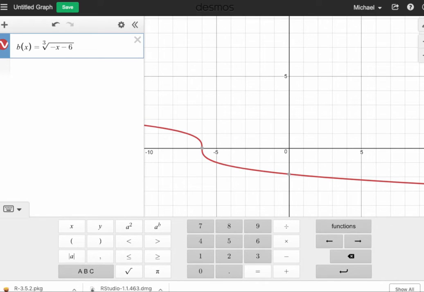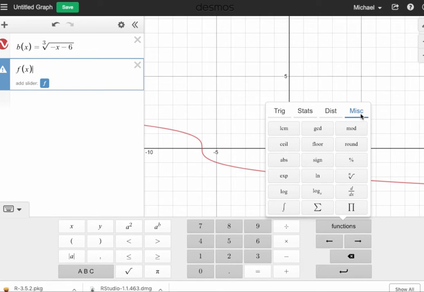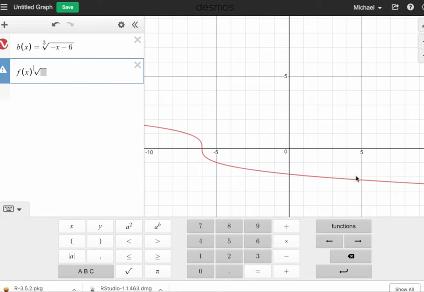Okay, so let's see. So it got reflected across the axes and then shifted. Let's put the other one in. You guys may not be as savvy about seeing the cube root in your head yet as you are with the other functions. So maybe not a bad idea to put the cube root on there with it just so you can see what actually happened there. So let's do that.